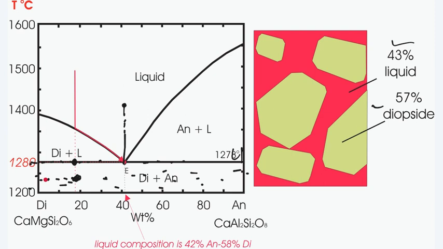But which one will melt first? If you are taking dioxide 82, anorthite 18, which one will melt first? Both will melt. You have taken this composition as a solid, and now we are increasing the temperature. When this composition reaches 1274 degrees, both will melt, and one of them will completely melt.